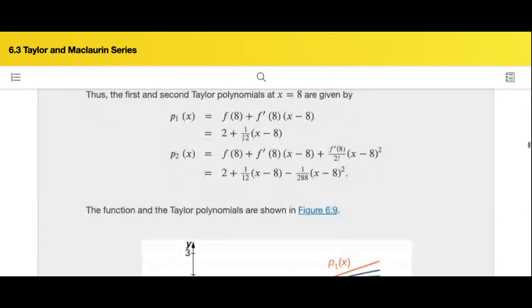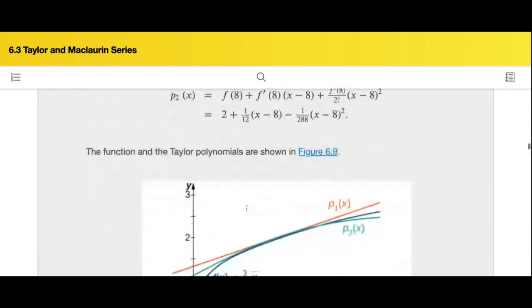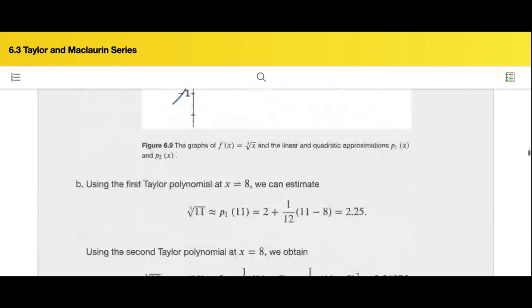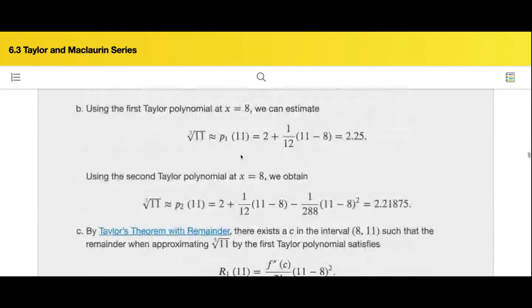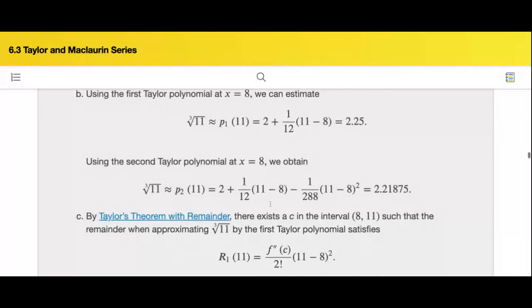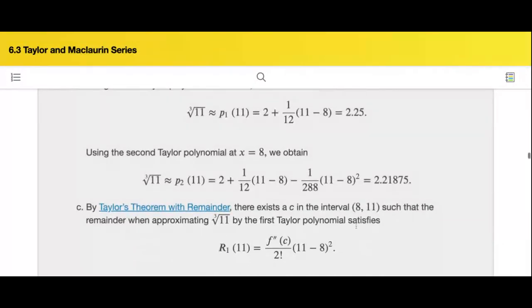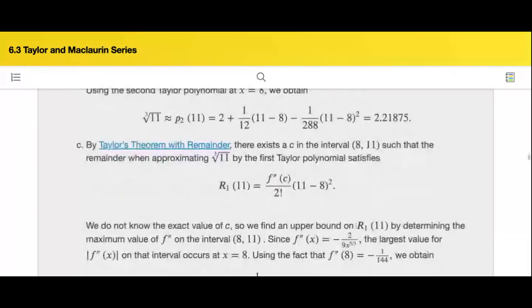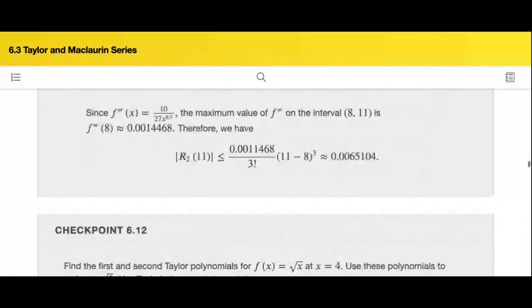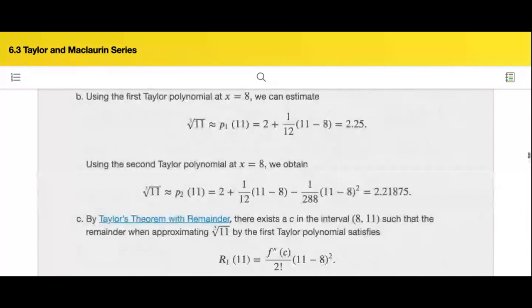Now we can use these two functions, the linear function and quadratic function, to approximate cubic root of 11. Using the linear one, we get 2.25. Using the quadratic one, we get 2.21875. Okay. We can do more.